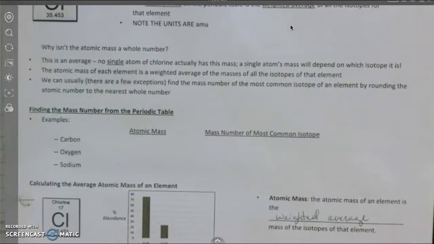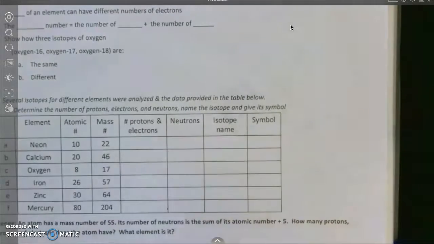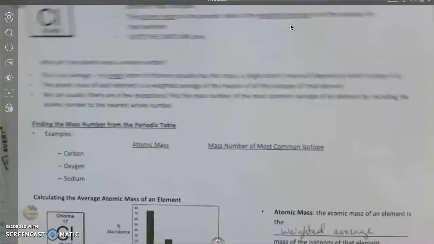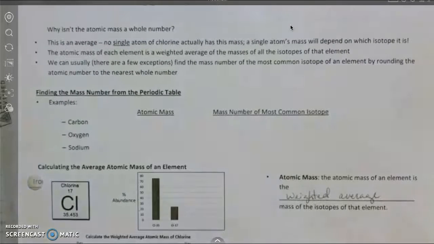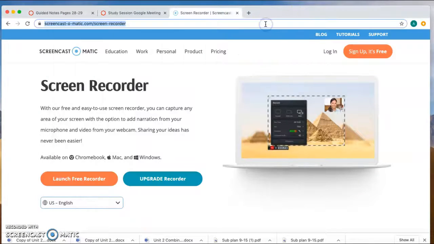So here is how you find the most common or the most abundant isotope of an element. We're going to look at carbon, oxygen, and sodium. I'm going to make this smaller, and we're going to pull up a periodic table.